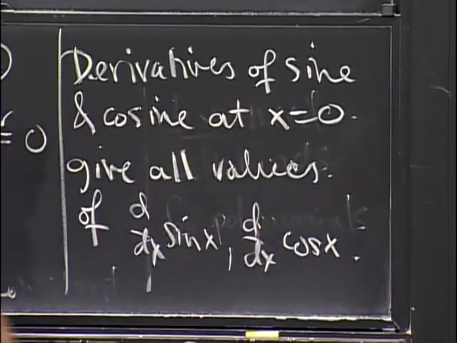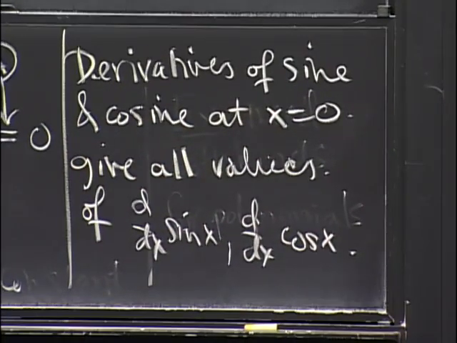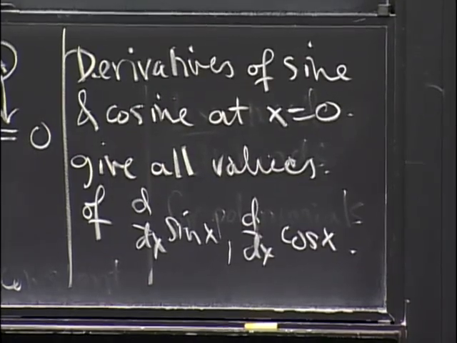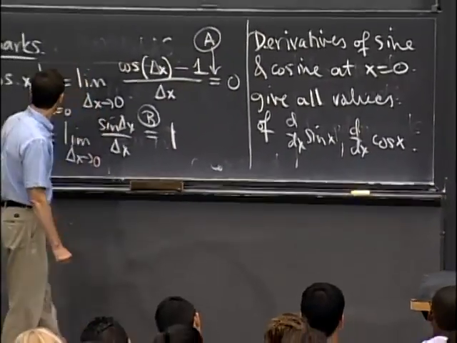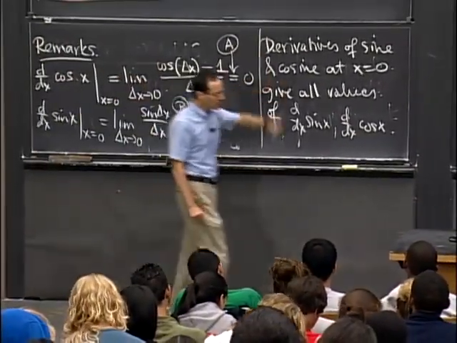So that's really what this argument is showing us, that we just need one rate of change at one place, and then we work out all the rest of them. All right, so that's really the substance of this proof.